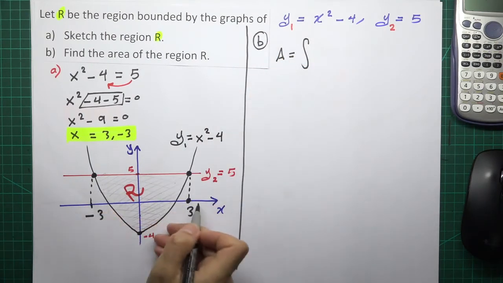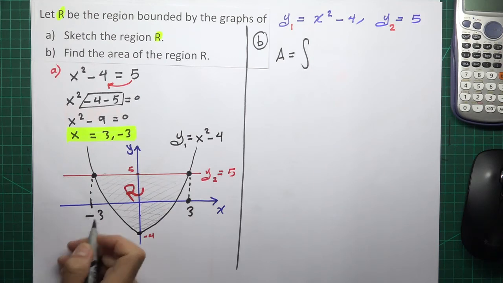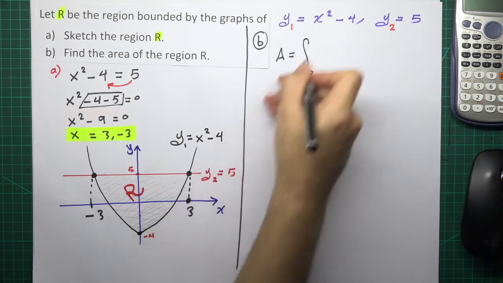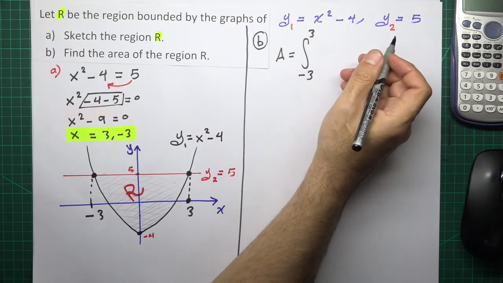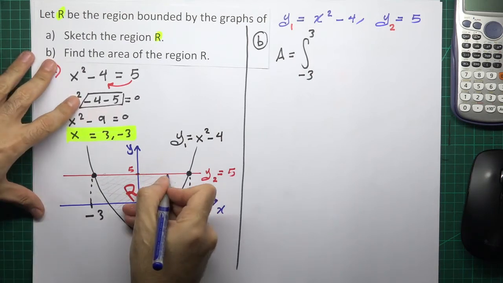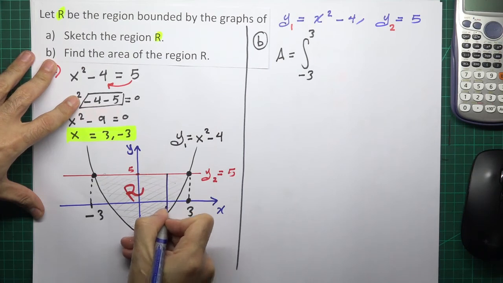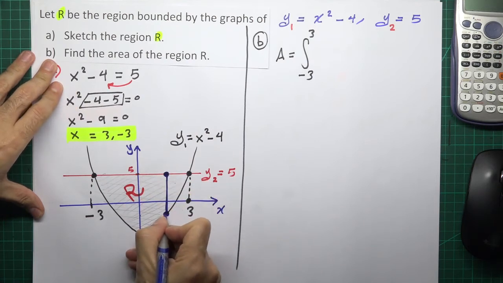If we look at this region and ask a simple question, where does it start on the x-axis? It starts from minus 3 and ends at 3. Now I need function minus function: the function on the top minus the function on the bottom. And how do we know which one is on the top and which is on the bottom? You can imagine, students, a vertical strip like this, and I'm asking which function is on the top and which on the bottom.